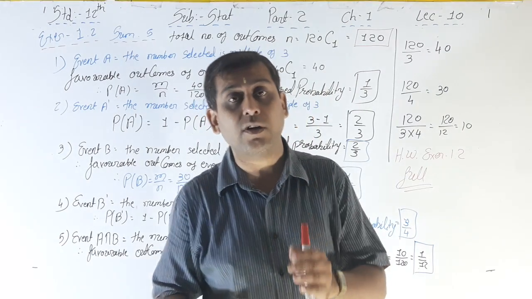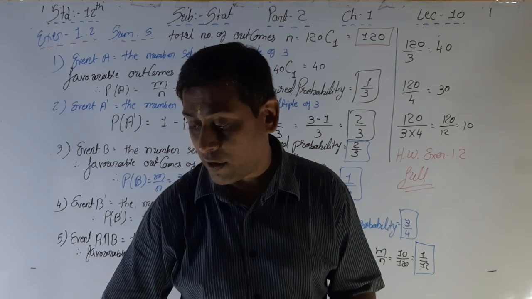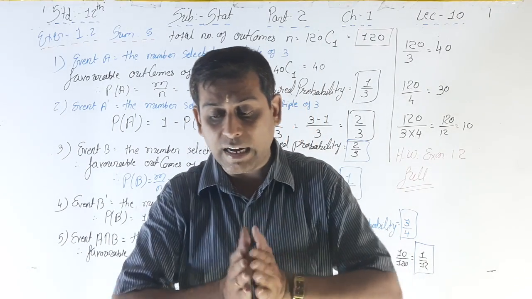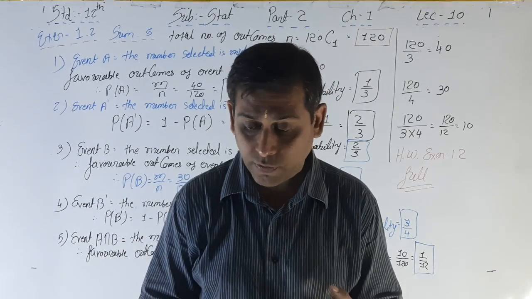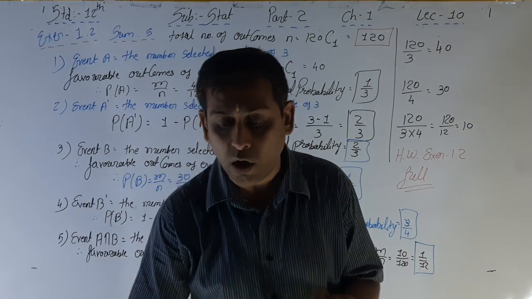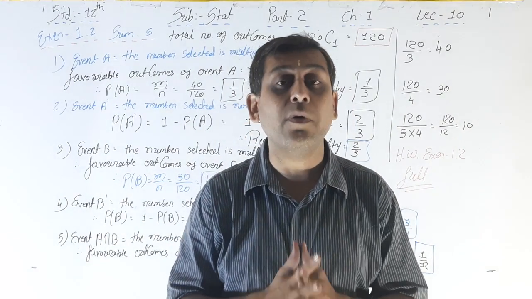And I am discussing here your question number 6, which is the arrangement, the permutation sum. Find the probability of getting R in the first place and M in the last place when all the letters of the word RANDOM are arranged in all possible ways.